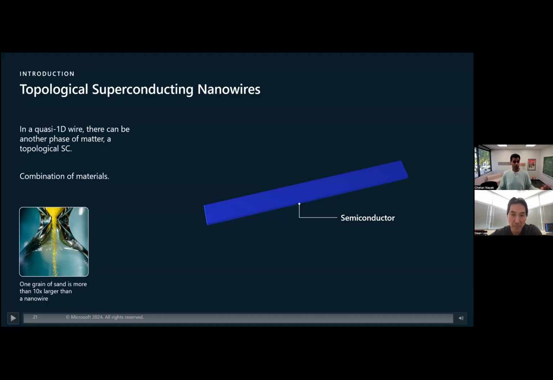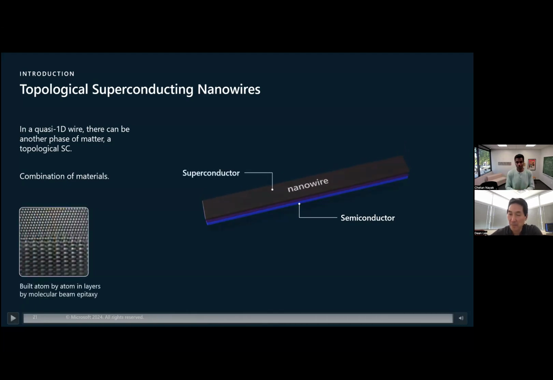These wires are a few microns long, which is a tenth the size of a grain of sand, hence the name nanowires. The nanowires that we'll be discussing are combinations of materials: a semiconductor in contact with a superconductor.